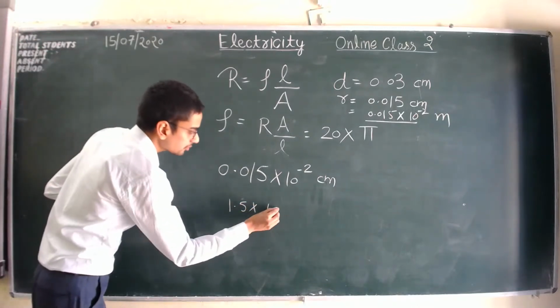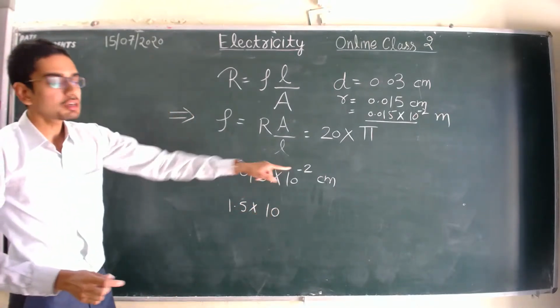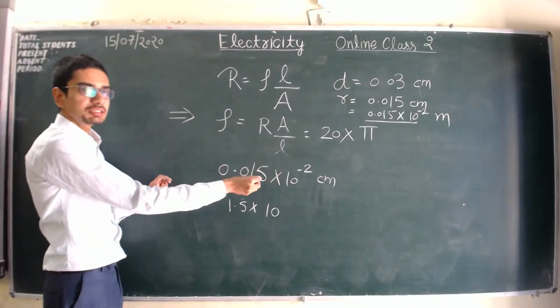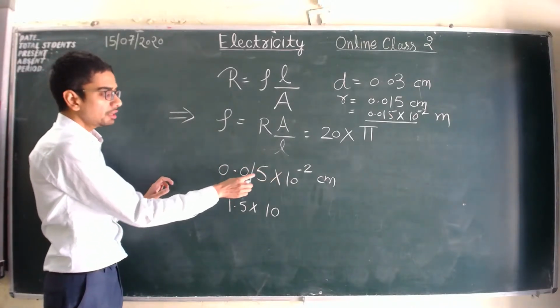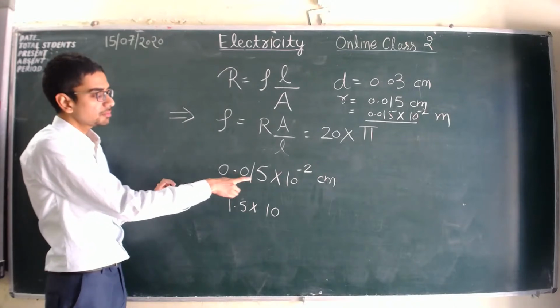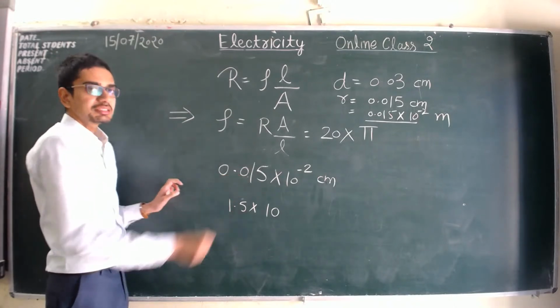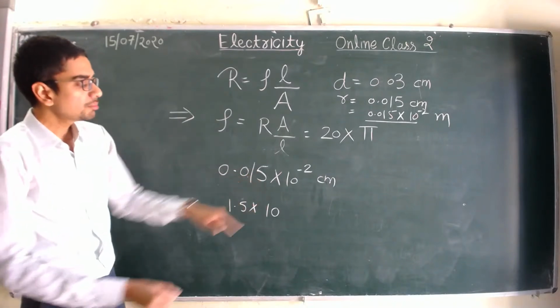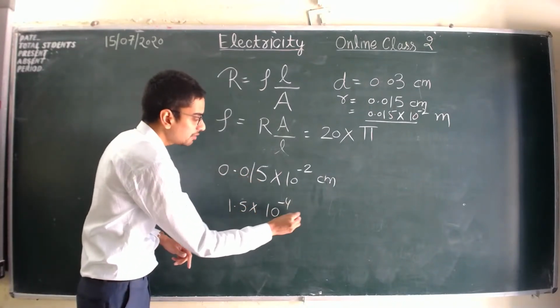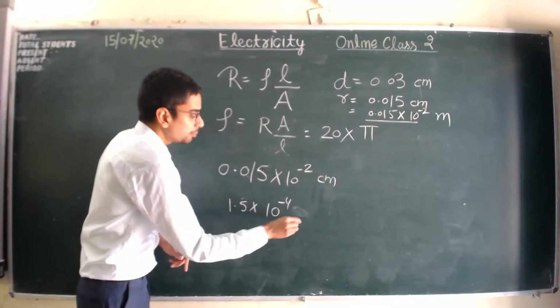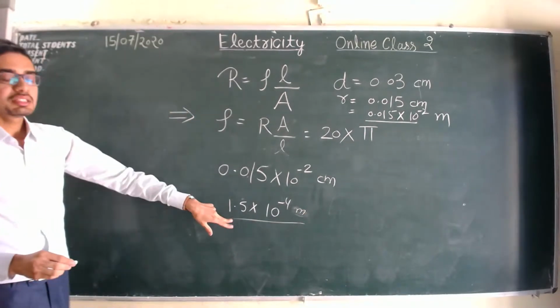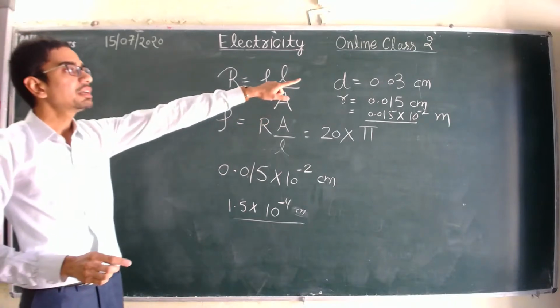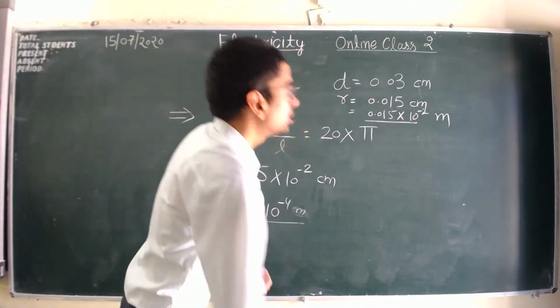And now, how do you change the power? See, how many places did you move the decimal? 1, 2. Earlier the point was here, and after 1 it moved 2 places. So you increase the power, and it becomes 1.5 into 10 raised to power minus 4 meters. Okay. So this is the standard form. That's how you will convert centimeter into meters.